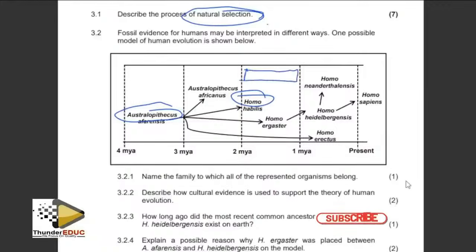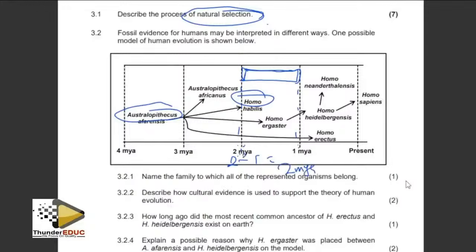If this is Homo ergaster, I come and draw where it appeared and where it got extinct. So how long ago did they appear? This is how they appeared. It means that it's going to be 2 million years.